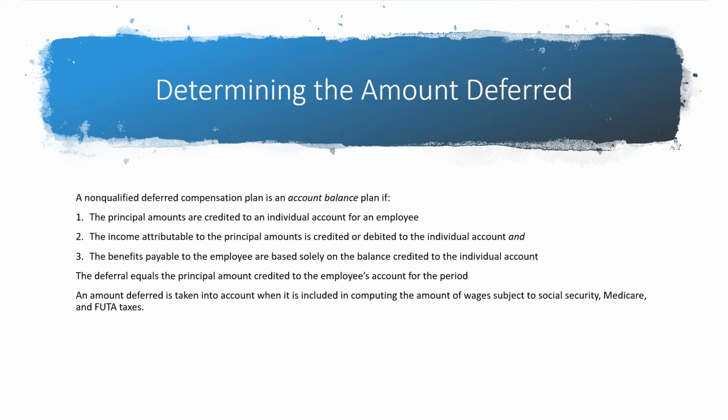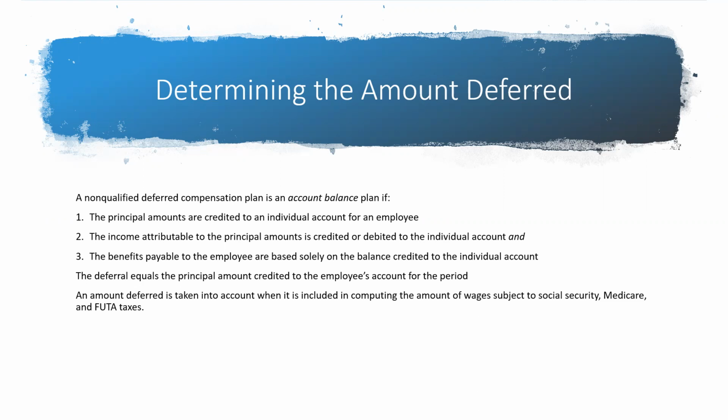A non-qualified deferred compensation plan is an account balance plan if, number one, the principal amounts are credited to an individual account for the employee. Two, the income attributable to the principal amounts is credited or debited to the individual account. And three, the benefits payable to the employee are based solely on the balance credited to that individual account. Individual meaning individual employee, not a pool of employees that are sharing a bucket.